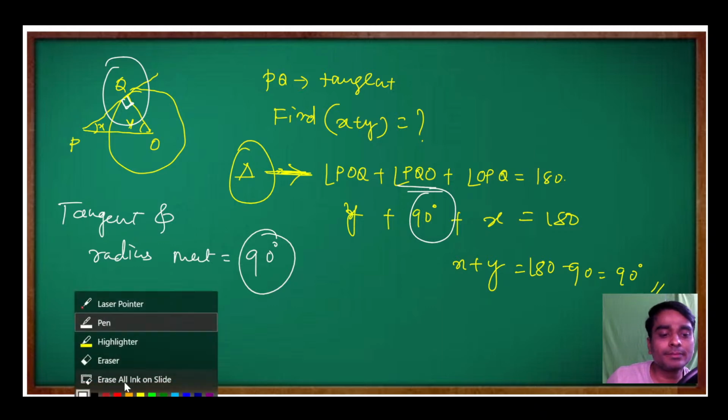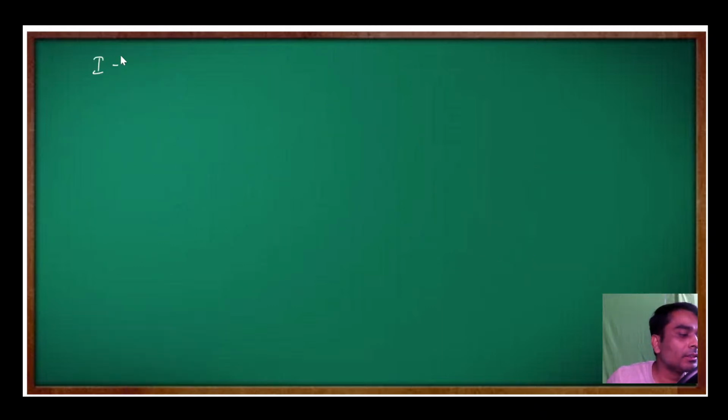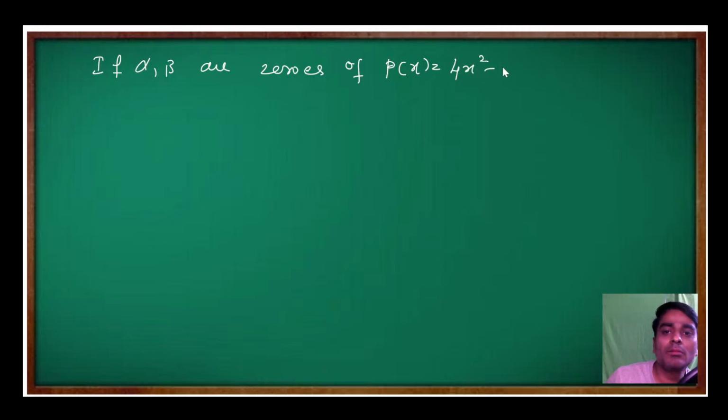Next, if alpha, beta are zeros of polynomial p of x equal to 4x square minus 3x minus 7, then find 1 by alpha plus 1 by beta.